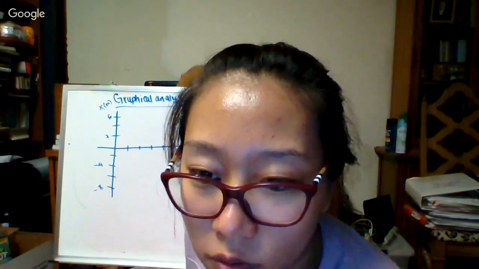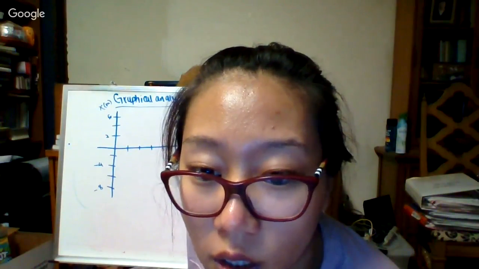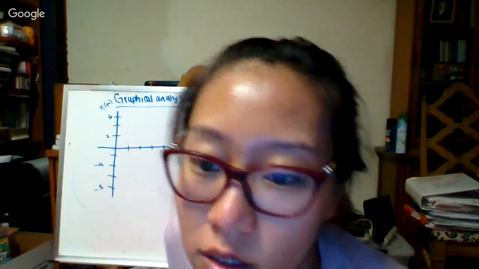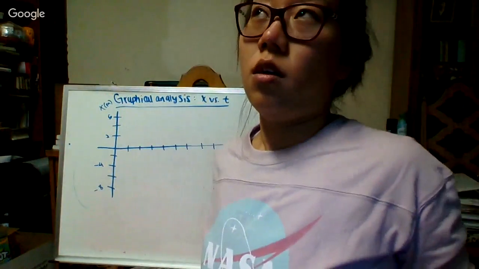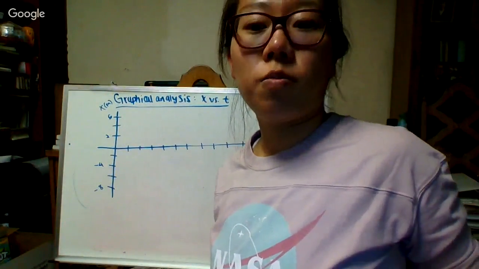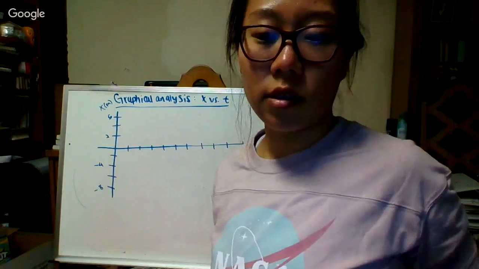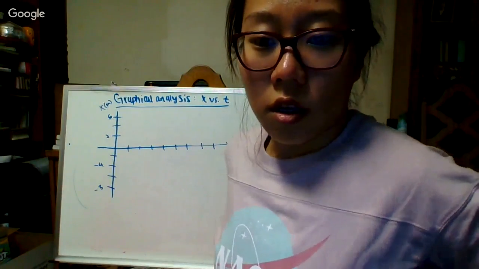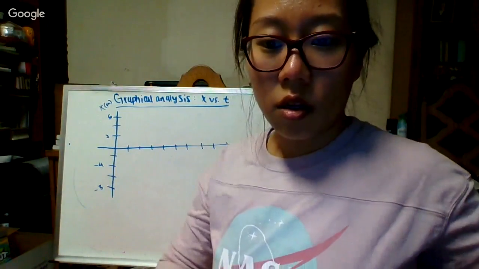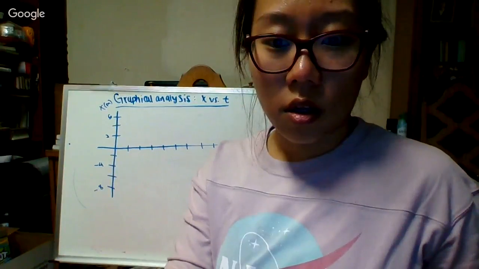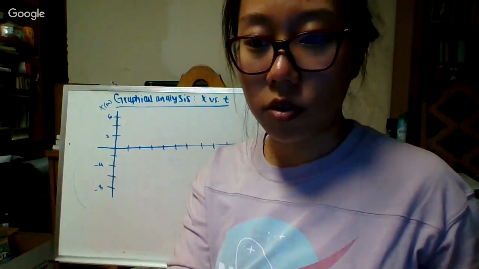Hold on. Just because an object's displacement versus time is decreasing doesn't necessarily mean that distance versus time is decreasing. People are asking too many questions. Let me address one at a time. Does it necessarily mean that?